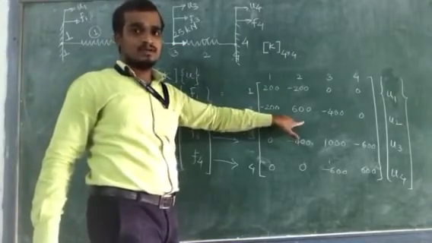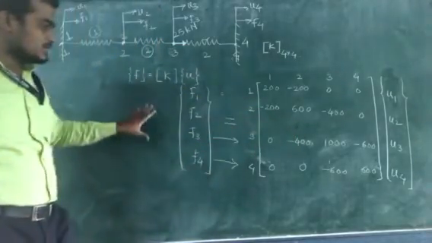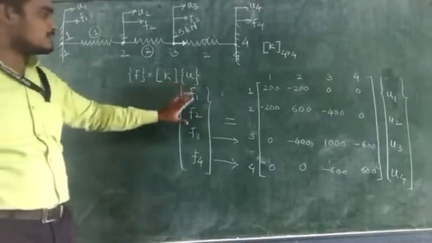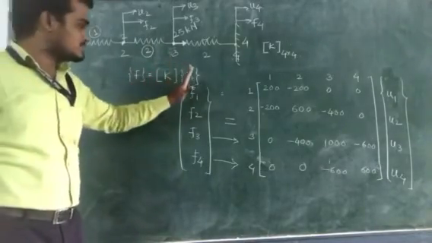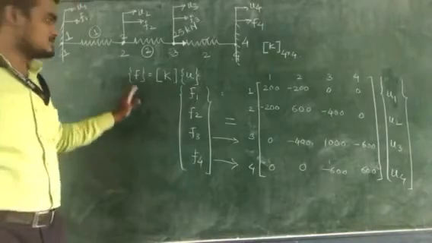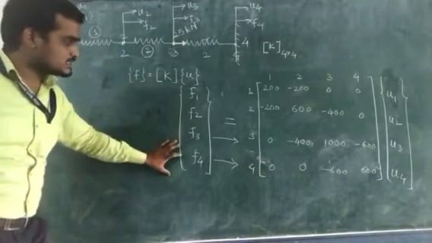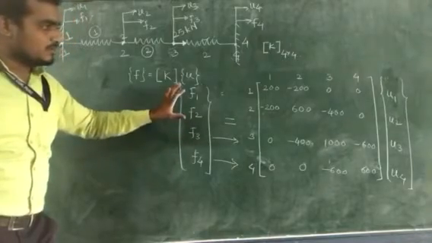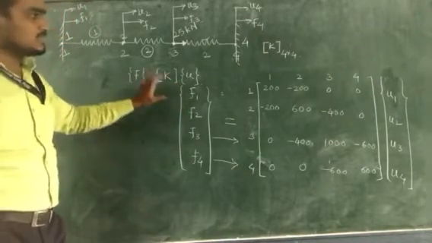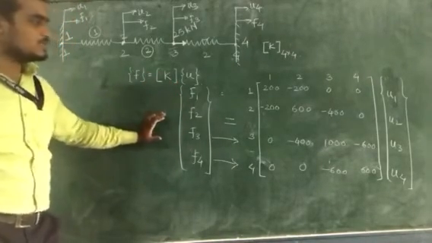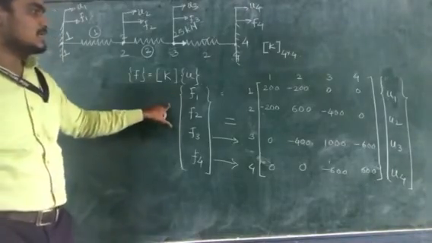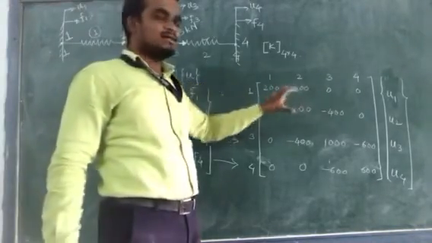Okay, understood? So in this way you can write the force vector and displacement vector relationship. Up to this it is clear now.